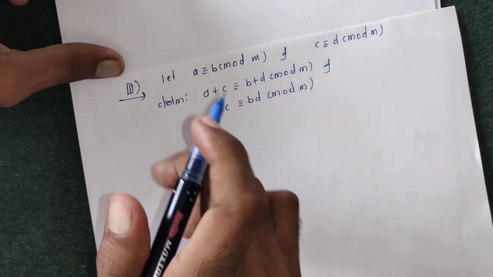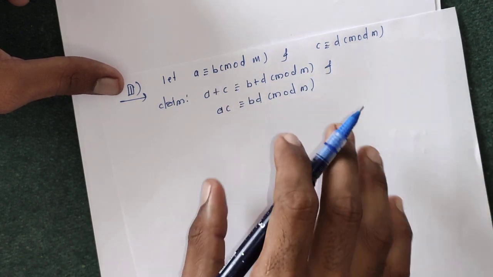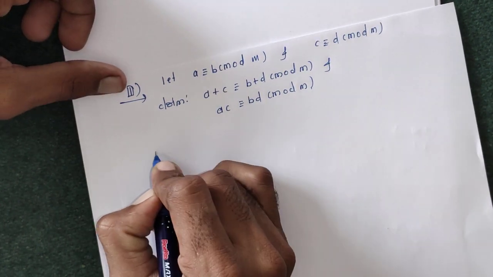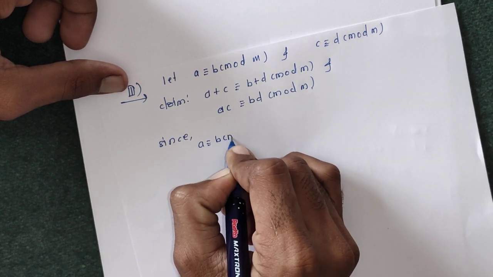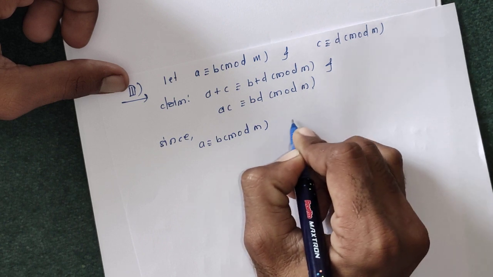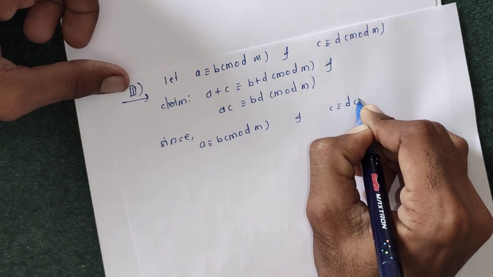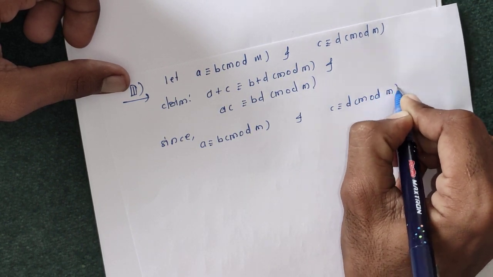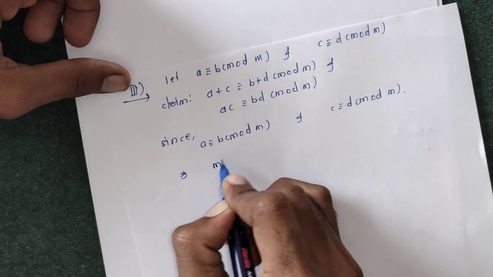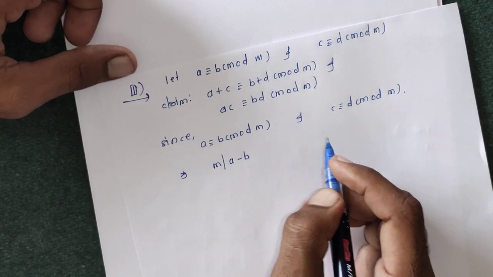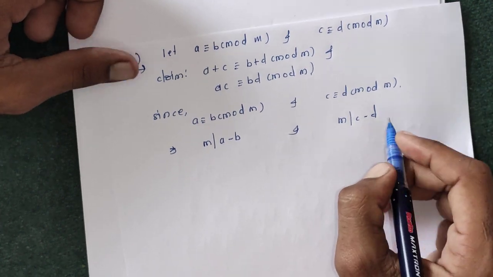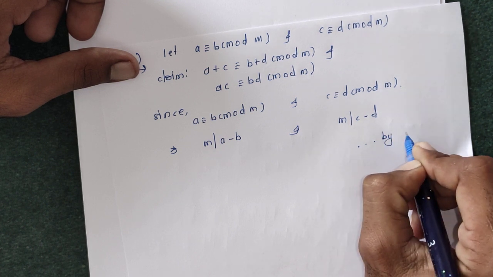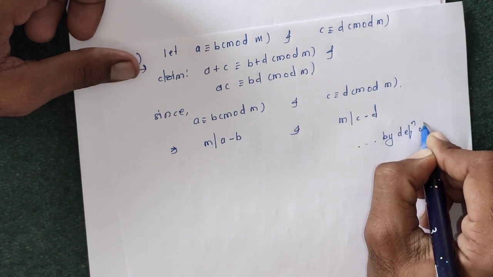Since A is congruent to B mod m and C is congruent to D mod m, this gives us m divides A minus B and m divides C minus D, by using the definition of congruence.